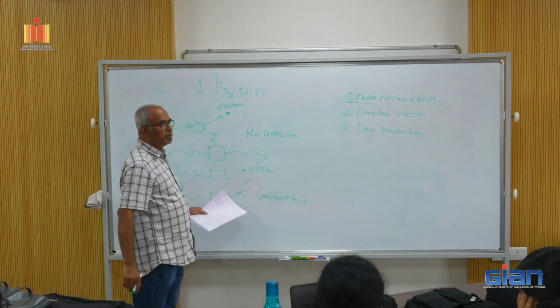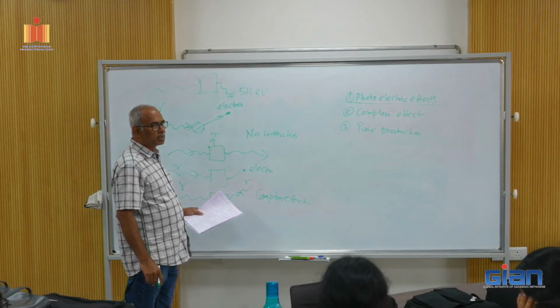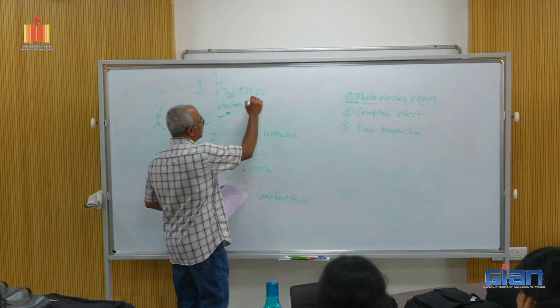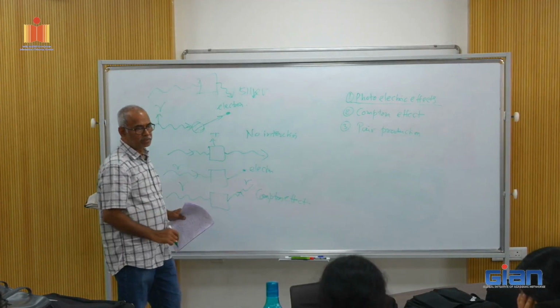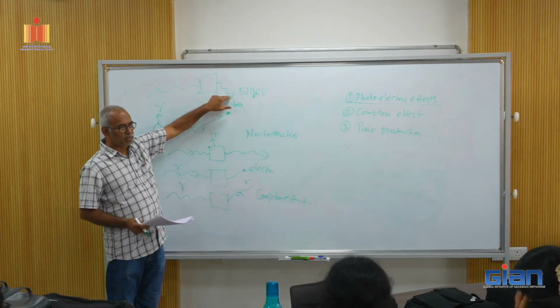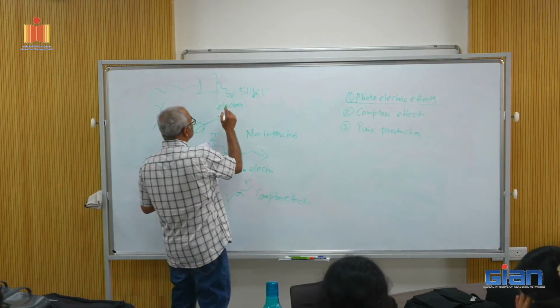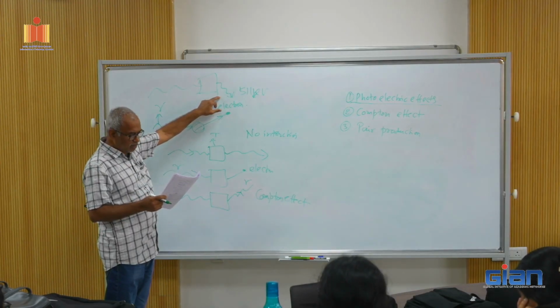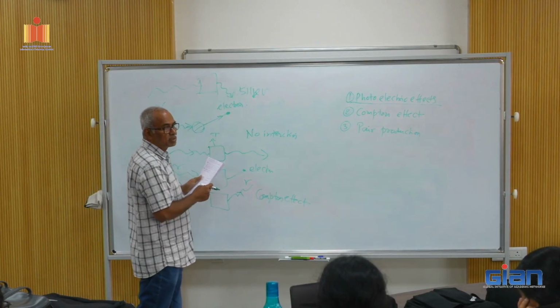Keb or MeV? 511 keV, or 0.5 MeV. So this is what is called pair production.